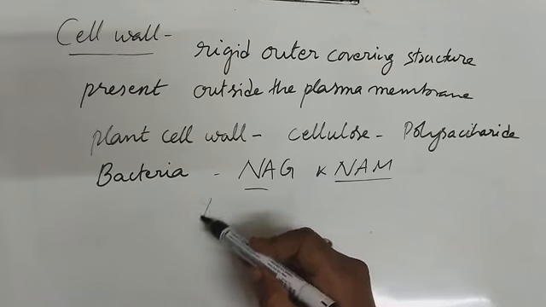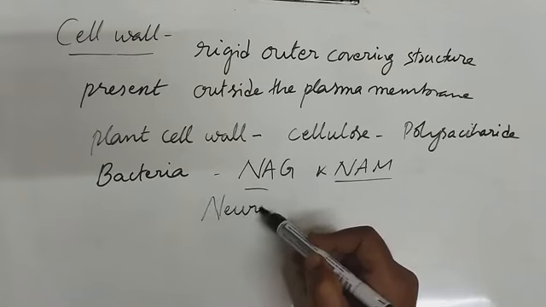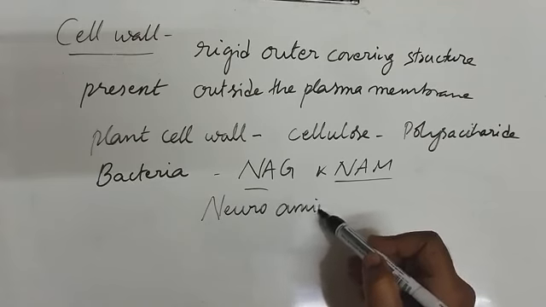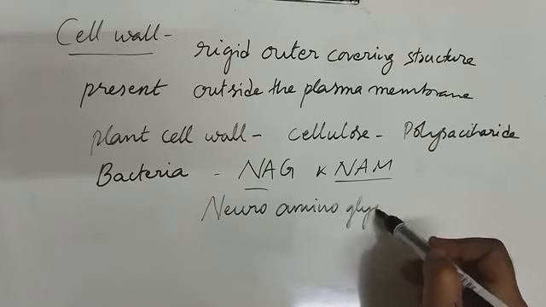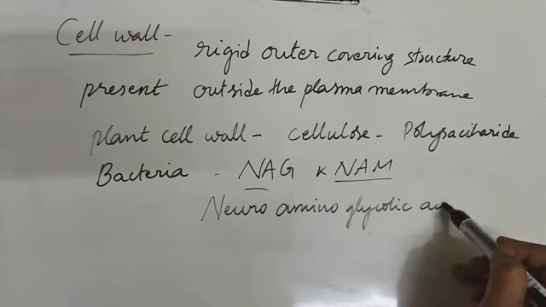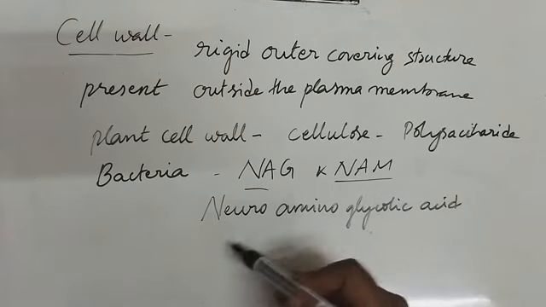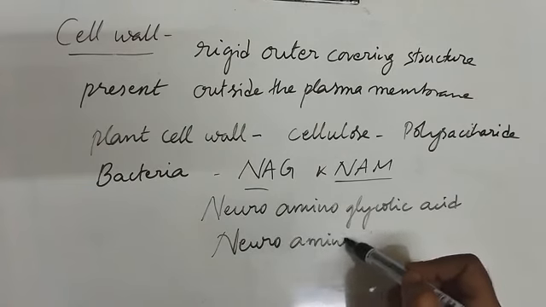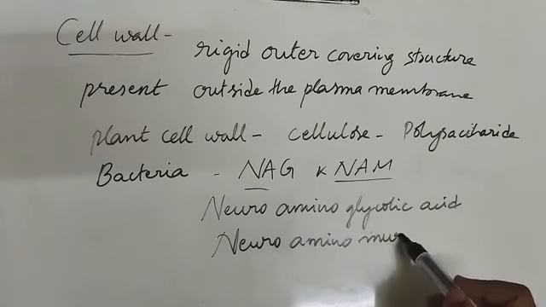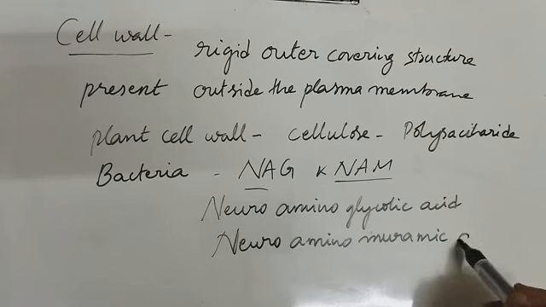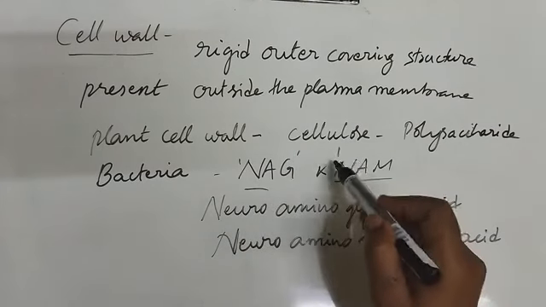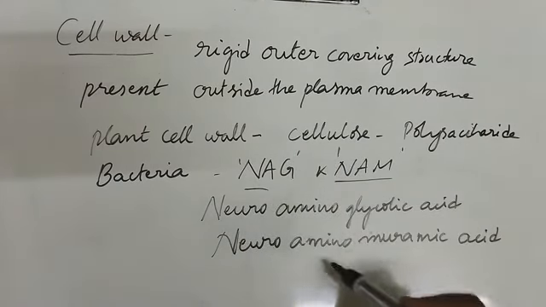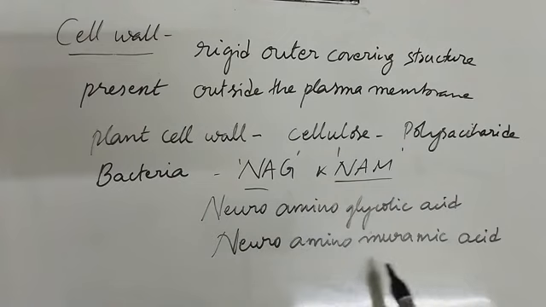NAG is N-acetylglucosamine and NAM is N-acetylmuramic acid. Right? So simply these are the acronyms, NAG and NAM.